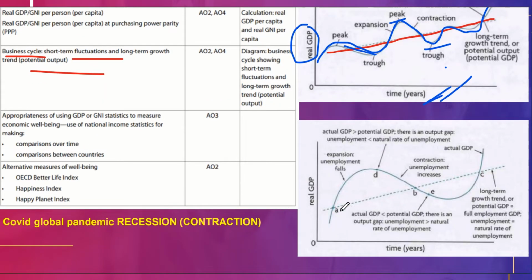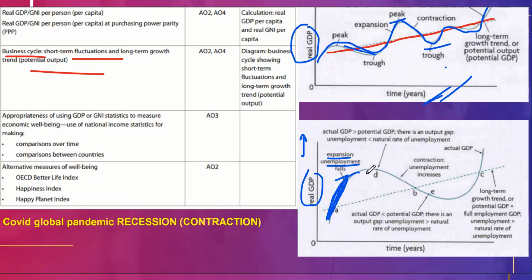Look, when real GDP is increasing, we can say there is an expansion or recovery in real GDP. During this stage, unemployment will fall, because GDP increases means output increases, which means more employment opportunities, because income and investment also increase.